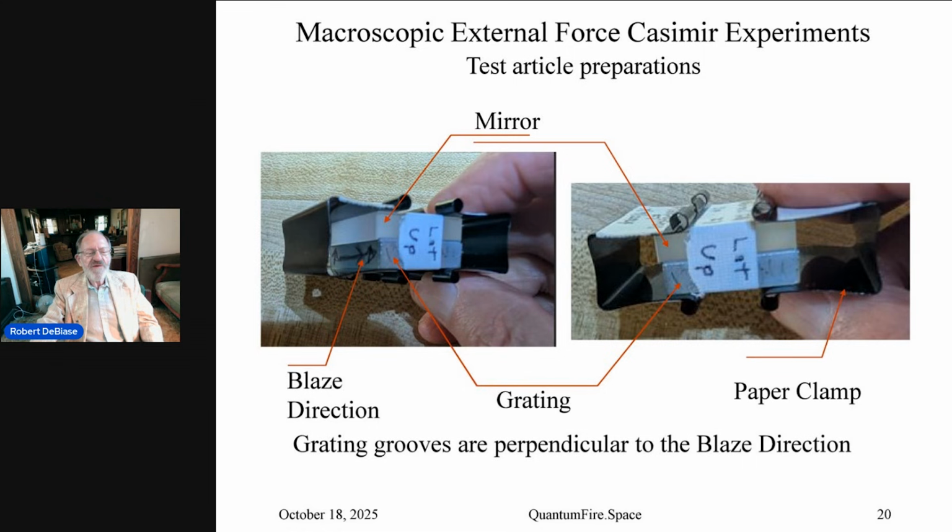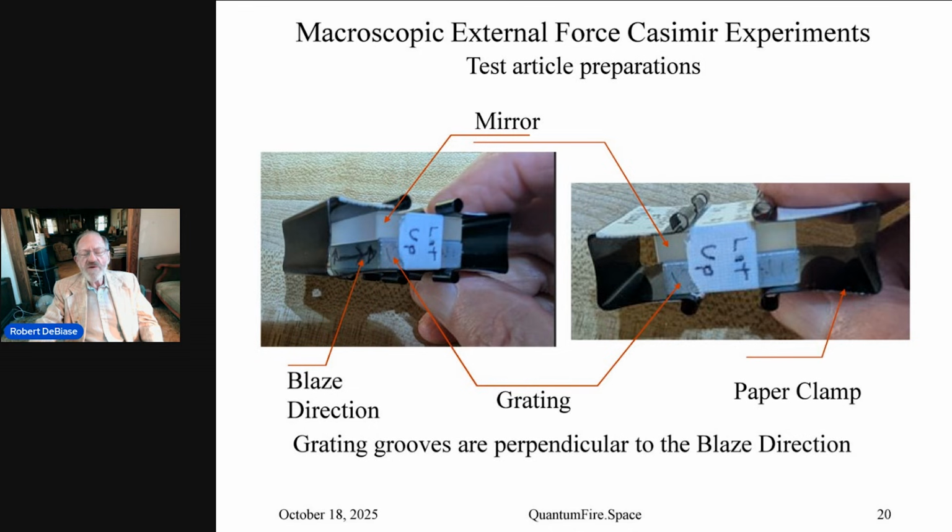And so this is what the test article looks like. There's the mirror, and the blaze angle is given to us by the manufacturer. There's a little arrow on the grating, so you can tell what direction the blaze angle is. And the grating is aluminized.